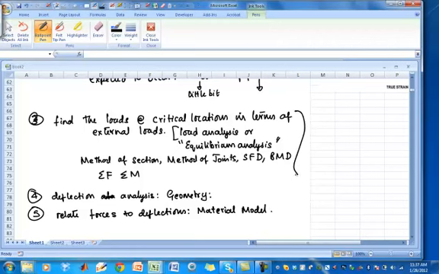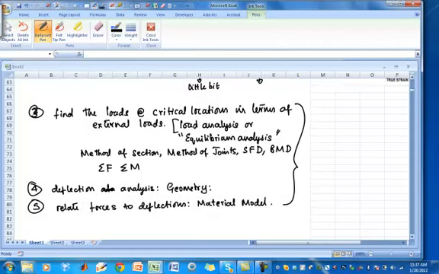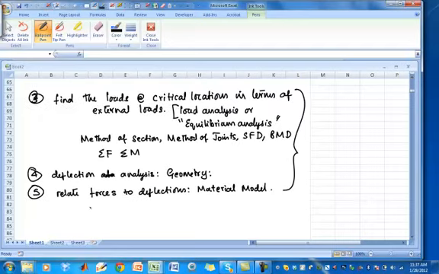Steps 3, 4, and 5 will allow us to do both stiffness and force analysis together. Sorry, strength analysis is what I should say.